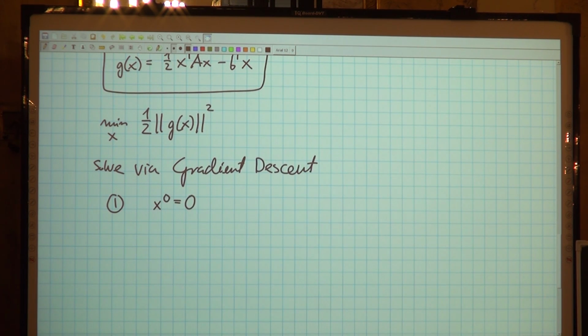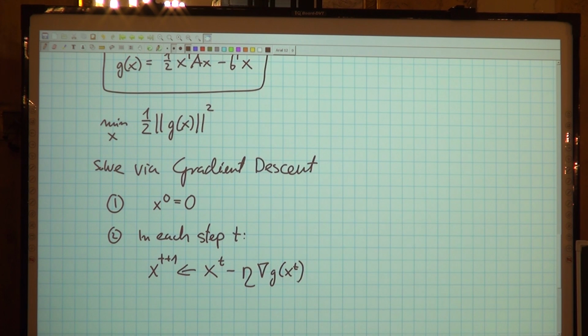Let's say the solution is just the all 0 vector, as good a solution as any. And then in each step t, you compute the new solution, which is just your old solution minus eta times the gradient of g, right? Okay. That's the algorithm. I don't have to think here.